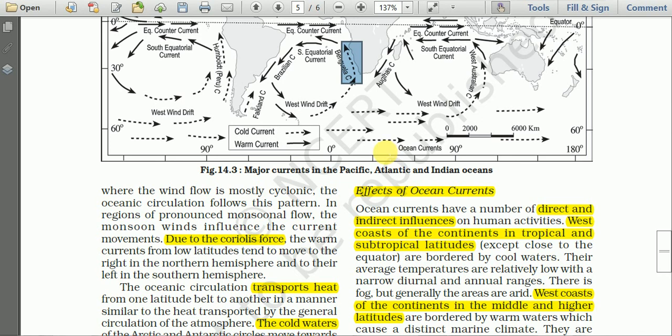That means we find little difference between the diurnal temperatures, the temperature in the daytime and the nighttime, or little difference between the temperatures of summer season and winter season.